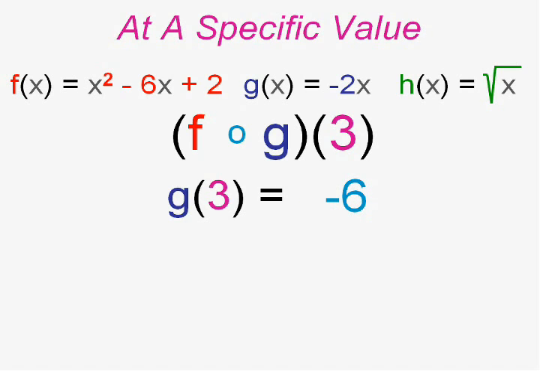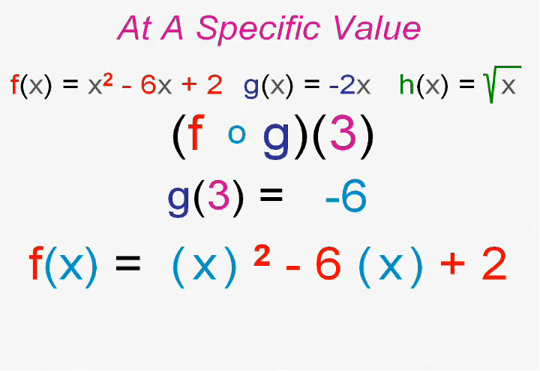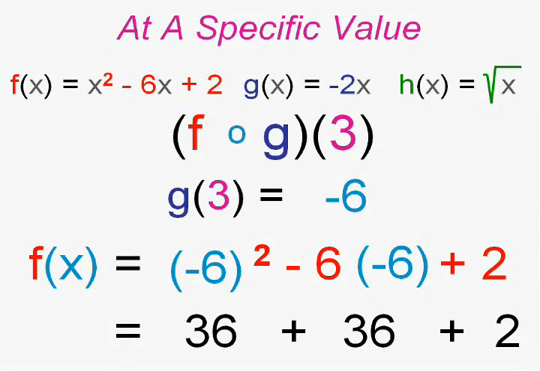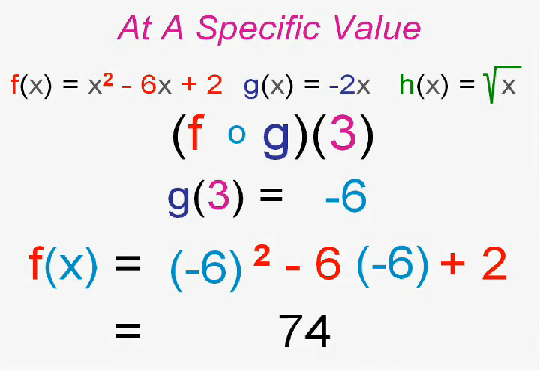So we're going to take that value and put it into the f function instead of x. So instead of x, I put minus 6 in every case. And then I simply simplify. And that's going to give me 74. Okay? Excellent.